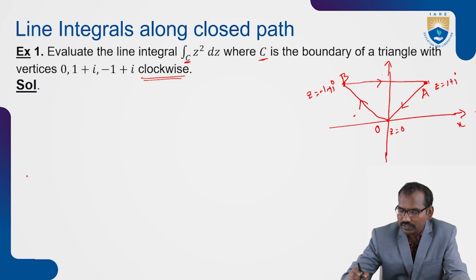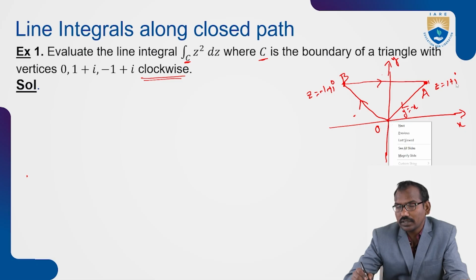This is the real axis and this is the imaginary axis. We already know x and y are real numbers. On the path OA, x and y have the relation y equals x, which we get by taking the line equation from (0, 0) to (1, 1).